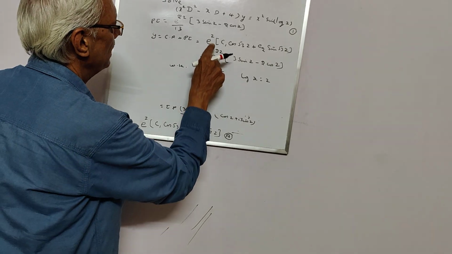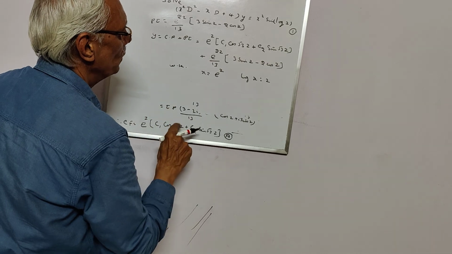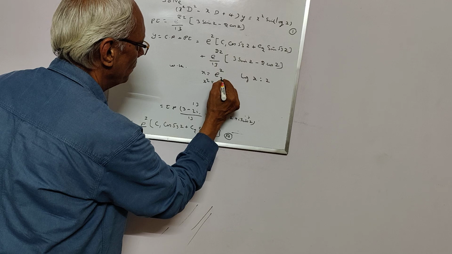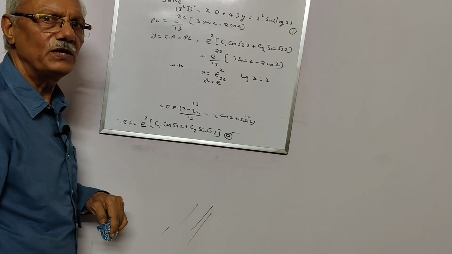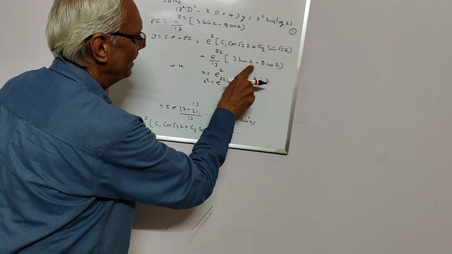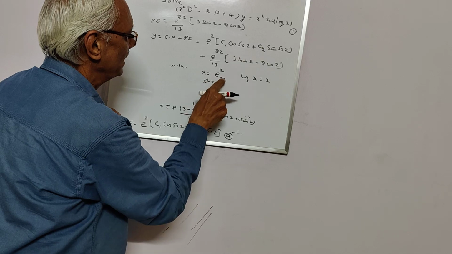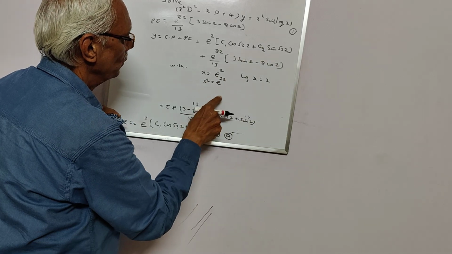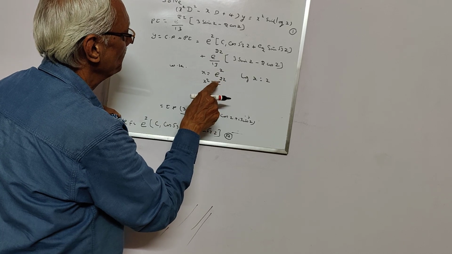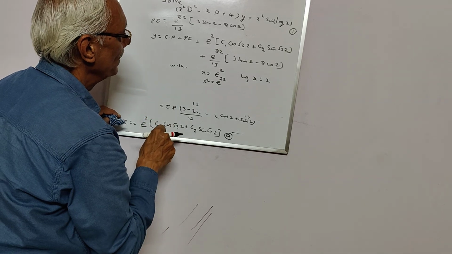So e to the power of z means x. So x square will be equal to e to the power of 2z. And wherever z comes, you put it as log x.